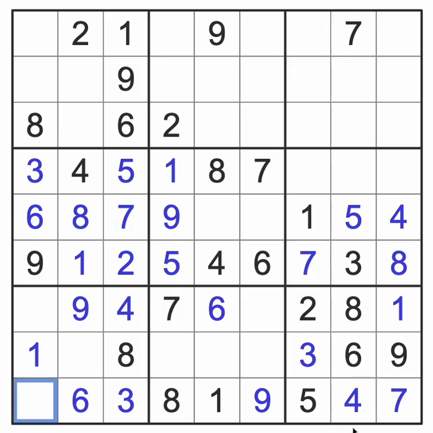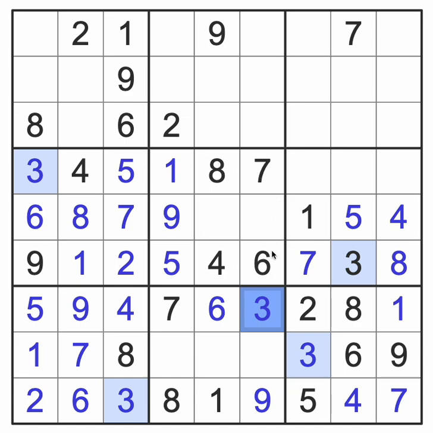There's only one number missing from this row, and that will be 2. Now I have 5 and 7 for these 2 cells. 7 is here, gives me 5, and that gives me 7. The last number of this row is 3.